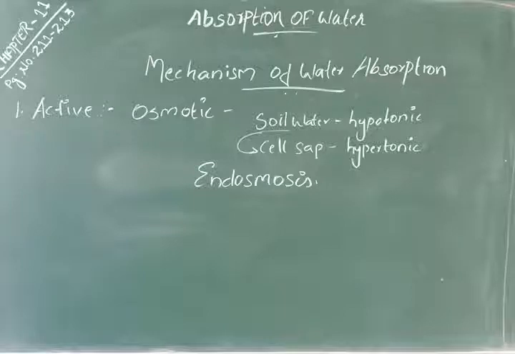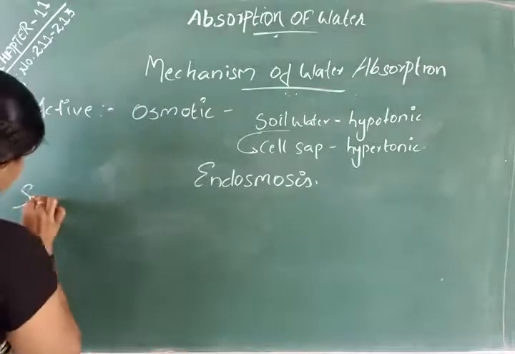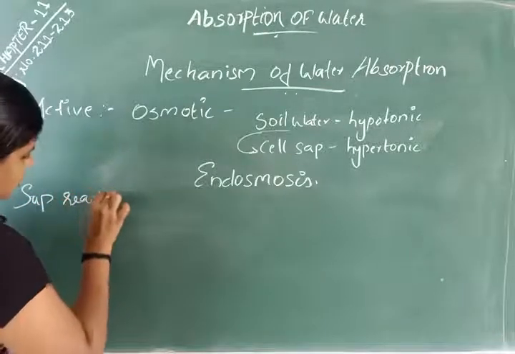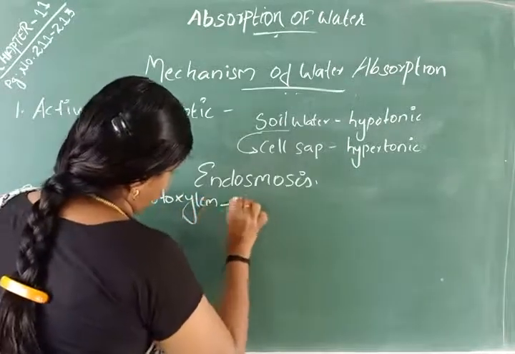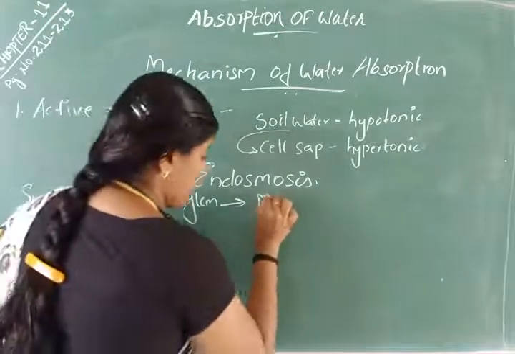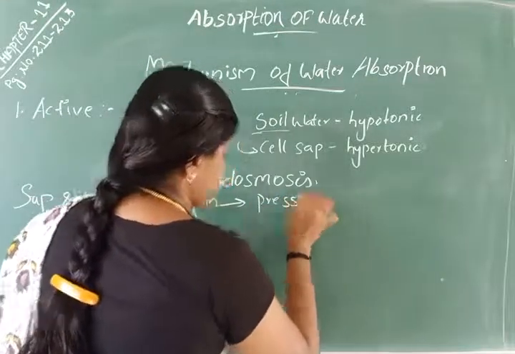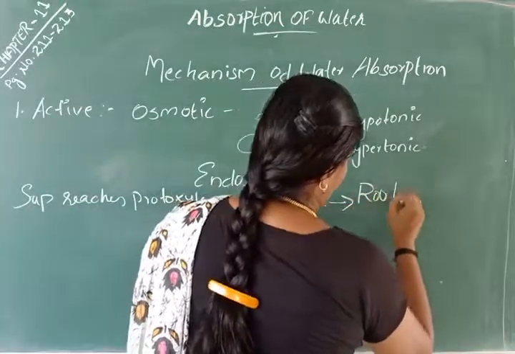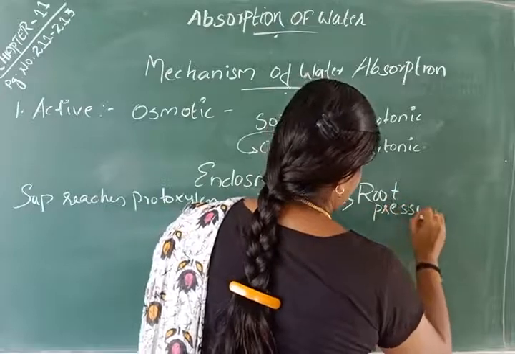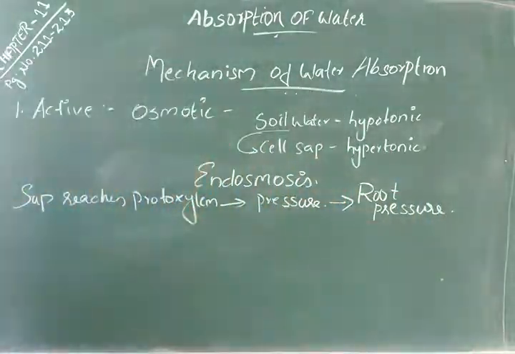So when the sap reaches protoxylem, a pressure develops due to the presence of water. That pressure is called root pressure.